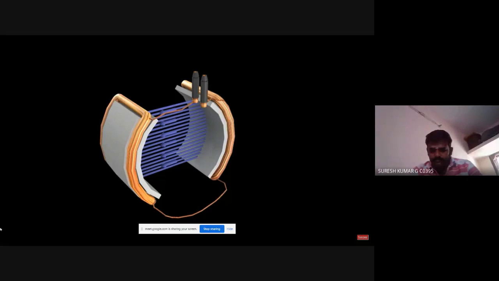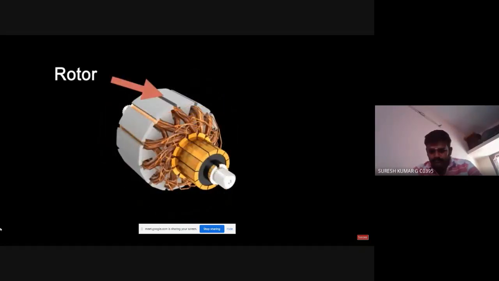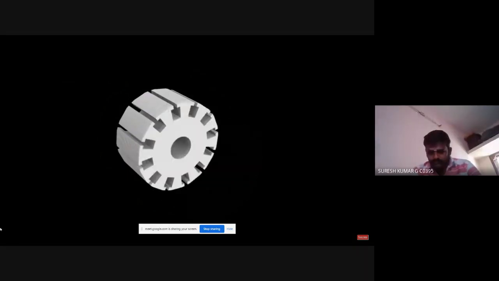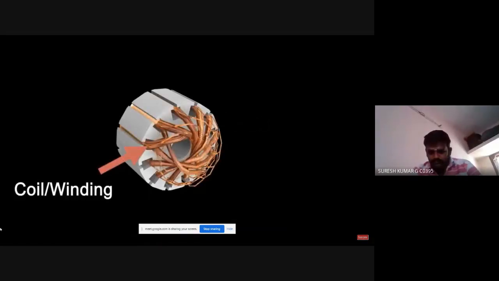In this magnetic field, the rotating part of the motor lies, known as the rotor or armature, made by a number of stampings of highly permeable material, that is silicon steel, which allows the magnetic field to pass through it easily. Slots are cut on the outer periphery of the armature to receive coils of copper conductors.